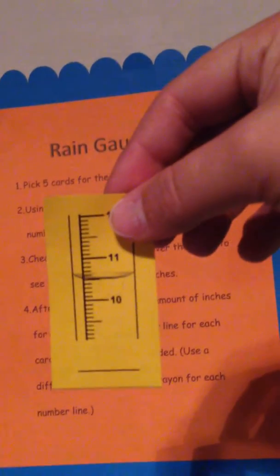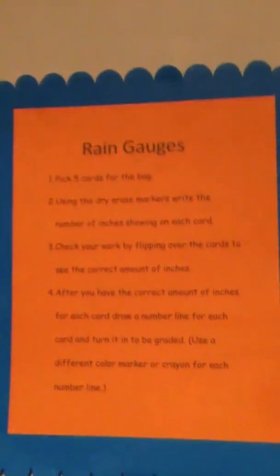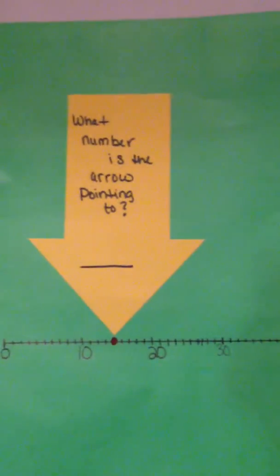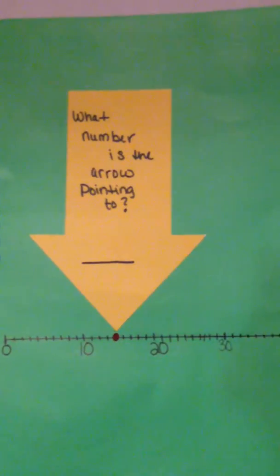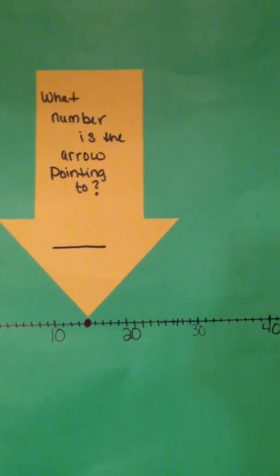They're going to write down the 5 rain gauges that they've selected out of the bag on a piece of paper. And they are going to make a number line and transfer it over just like this number line right here. So that way they're learning how to read a rain gauge and how to use a number line.